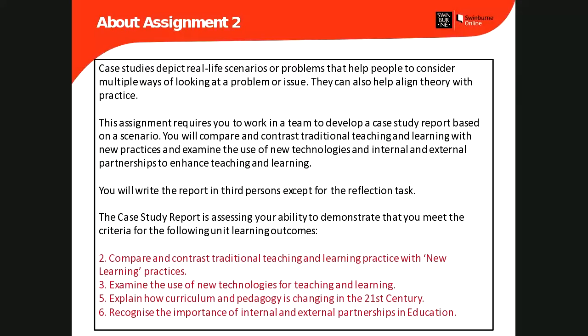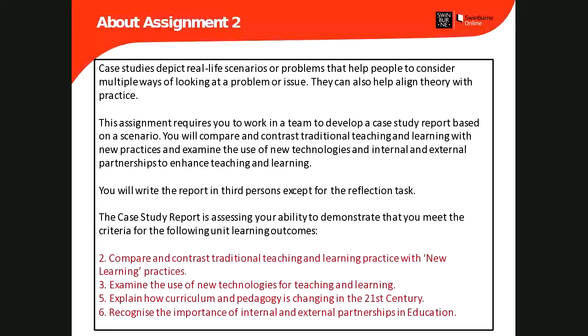So we want to consider the 20th century ideas that are being suggested by one of the teachers in the case study, and then start to consider what we could do differently to implement some of these new 21st century teaching and learning approaches to the scenario, so that the students and the community as a whole learn from the experience, benefit from the experience, and get the most out of the experience.